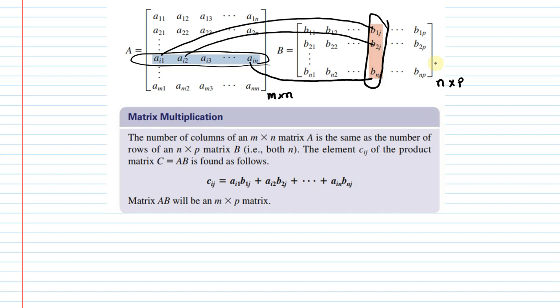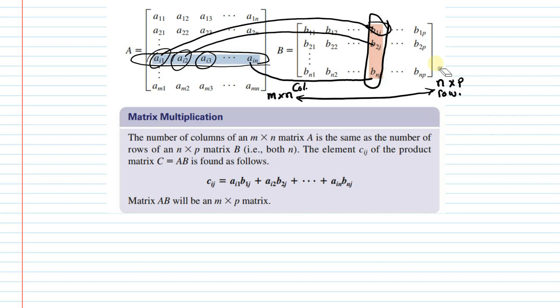Now, for this to happen, you need to have a matching element to multiply by. That requires that the inside numbers of the dimensions match: if the first matrix is m by n and the second is n by p, the number of columns in the first matrix should equal the number of rows of the second matrix.